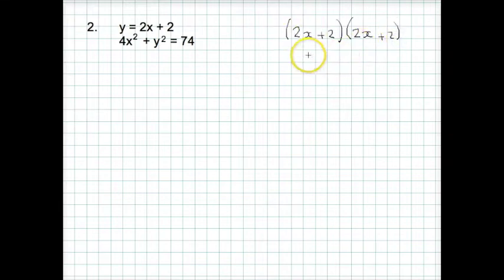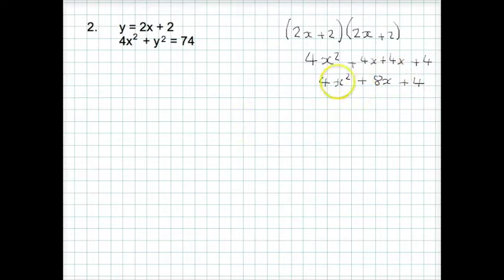We'll multiply this out. We get 4x squared plus 4x plus another 4x plus 4. If we then group the 4x's together, we get 4x squared plus 8x plus 4.